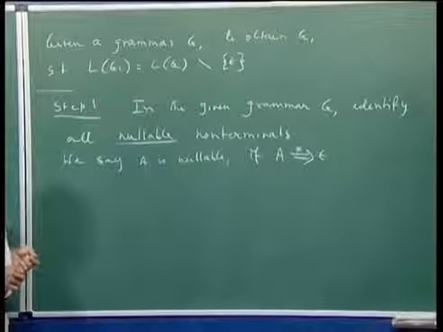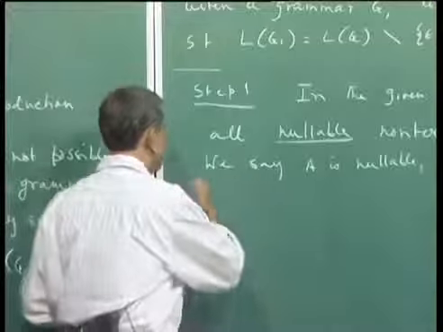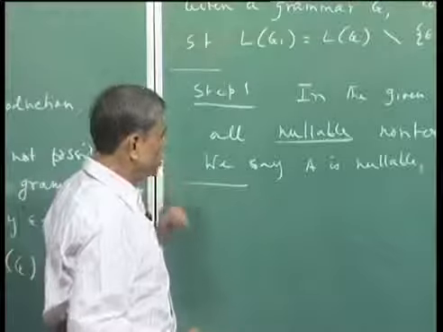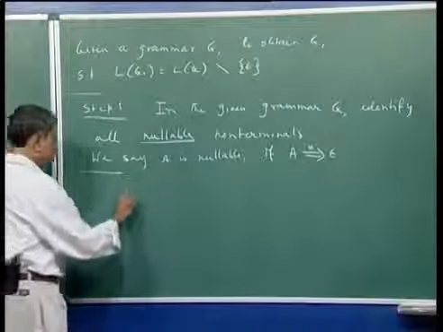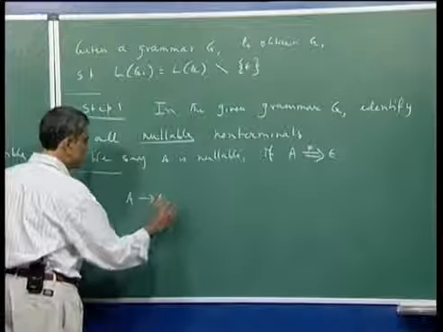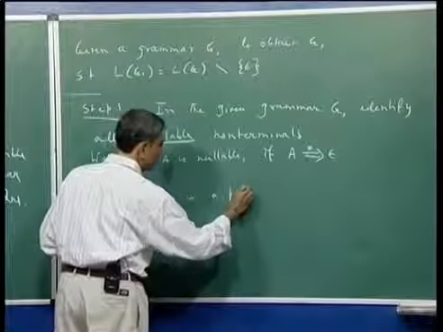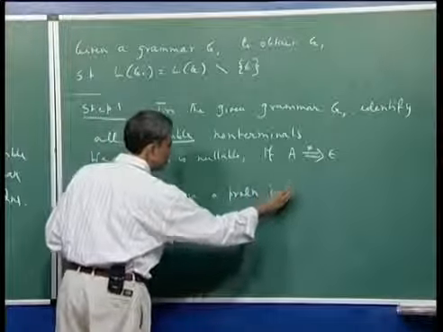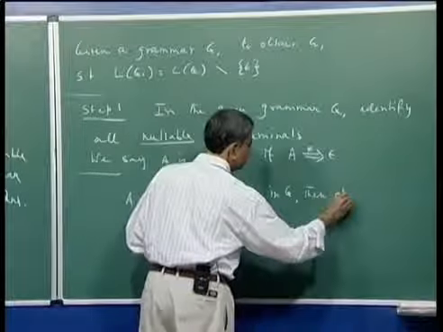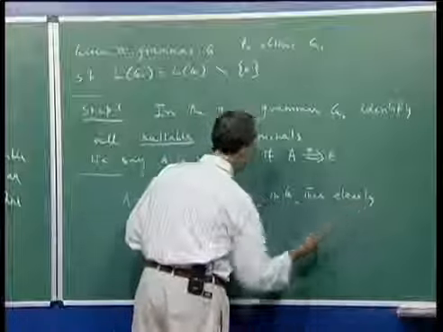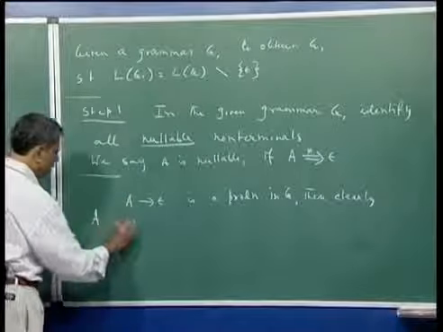Now, clearly, if a non-terminal A is there in the grammar G such that A goes to epsilon is a production in G, then clearly this non-terminal A is nullable.